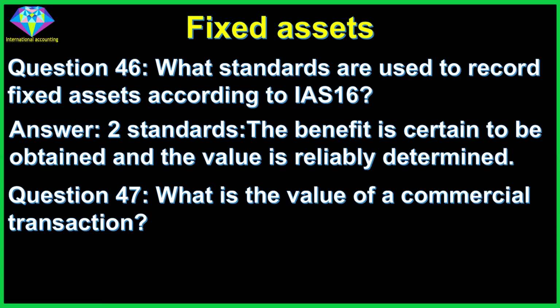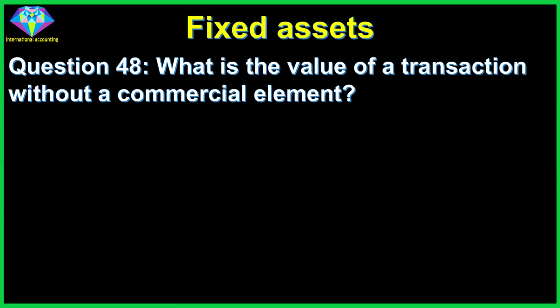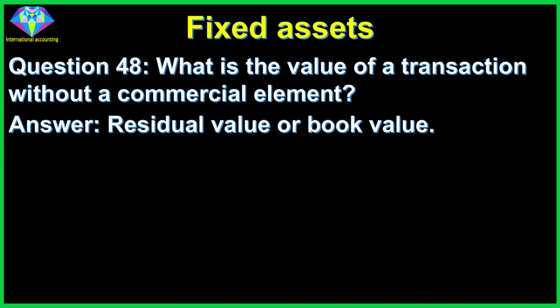What is the value of a commercial transaction? Answer: fair value. Question 48. What is the value of a transaction without a commercial element? Answer: residual value or book value.